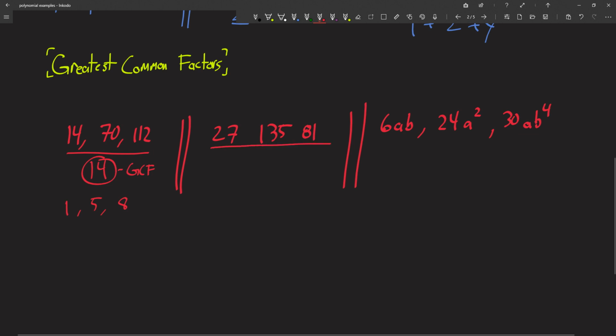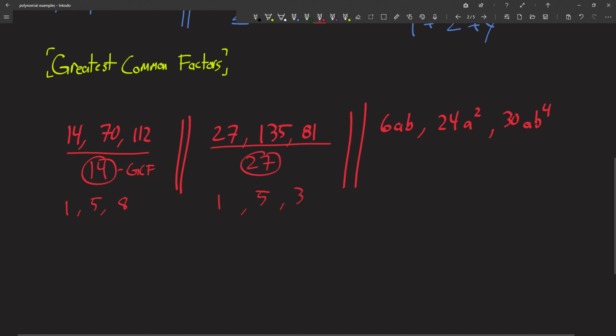Similarly, for 27, 135, and 81, I could divide them all by 3. That's a factor. I could divide them all by 9. That's another factor. But the greatest common factor between these all is 27. So 27 by 27 is 1, 135 by 27 is 5, and 81 by 27 is 3.